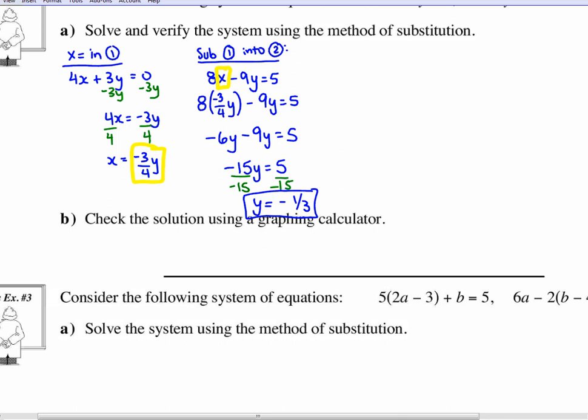So first step was rearrange one equation. Second step, sub in. Third step, solve for that, which we did. So fourth step, now that we have y equals negative 1/3, what do we need? Before we can check, we're only half done. We need X. So, how do I get X?